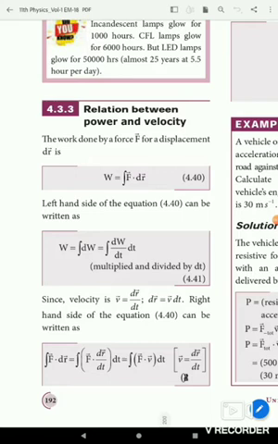Okay. So in the case of integral F vector dot dr vector, you multiply and divide by dt. So you get integral F vector dot dr vector divided by dt into dt. You already know what that is: dr vector divided by dt is v vector. So integral F vector dot v vector into dt. Okay.